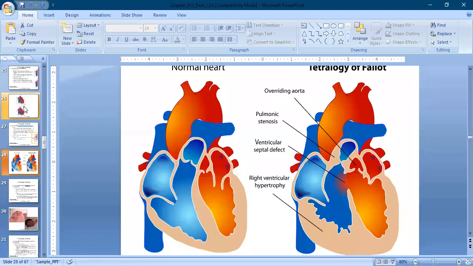Here, this is the normal heart, right? And this is the abnormal heart, the fourth problem we mentioned. This is what the baby is born with, called tetralogy of Fallot. Tetra means four, tetralogy of Fallot.